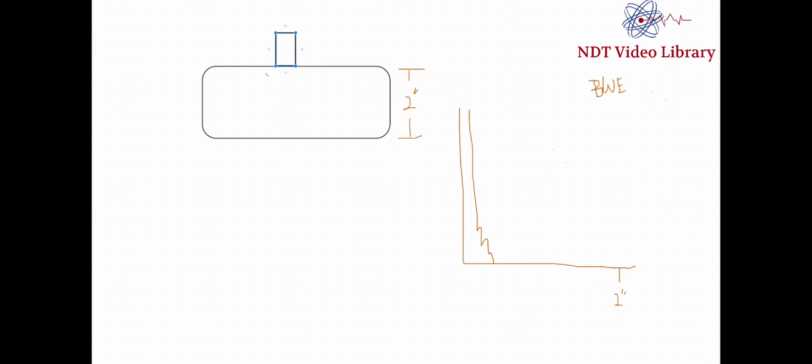It was a discontinuity that is not parallel to the surface. Okay. So because the discontinuity is not parallel, meaning let's say it is at an angle like this, sound that is supposed to travel all the way to the back is going to be diverted in a different direction. So nothing's coming back. That's another reason.